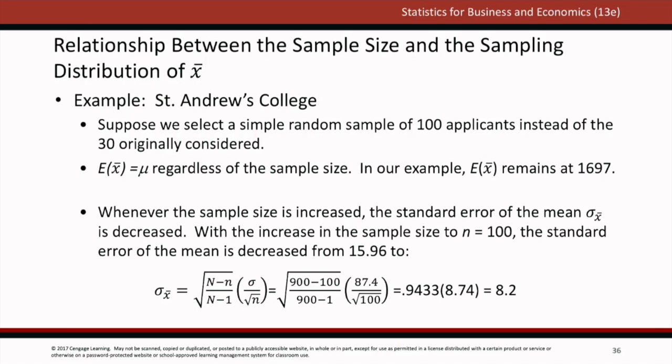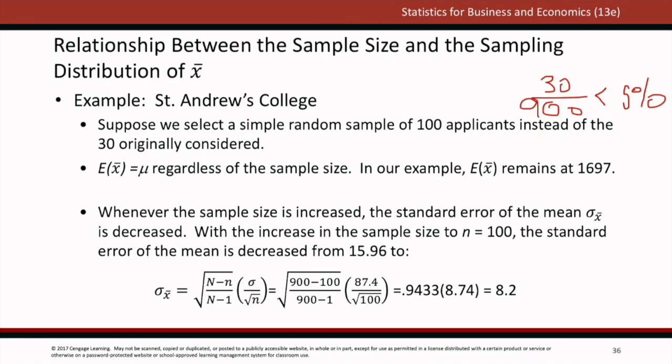1697. Whenever the sample size is increased, then the standard error of the mean, this value, is decreased. With the increase of the sample size to n, the standard error of the mean is decreased to, how do we calculate that? Originally we took a sample size of 30 out of 900, which is less than 5%.